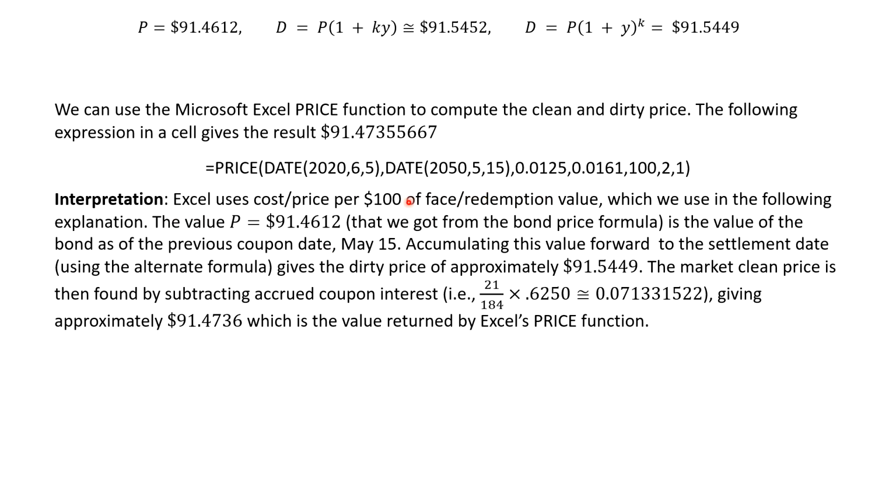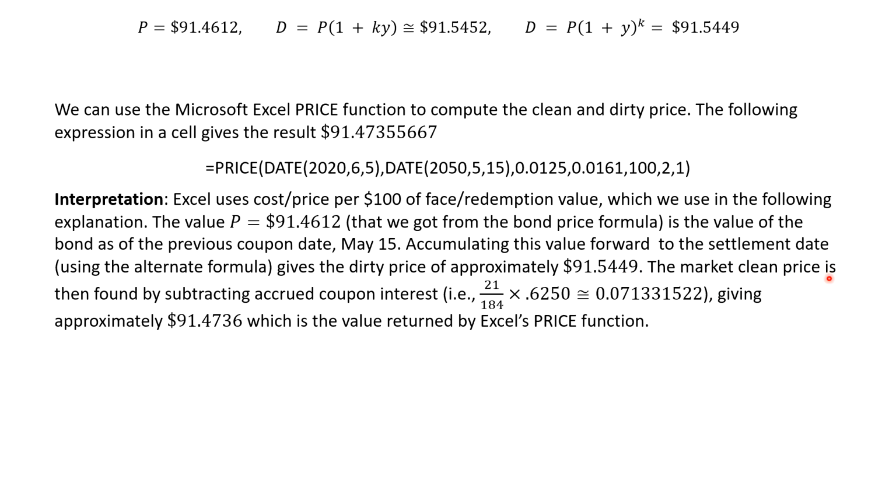So everything's been converted to $100 per face value. The value P that we got here, just copied down again, from the bond price formula, is the value of the bond as of the previous coupon date, May 15th, 2020, accumulating this forward to the settlement date using the alternate formula. In other words, this formula up here, we get 91.5449.